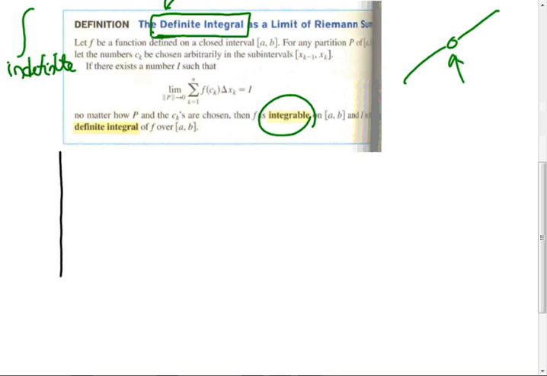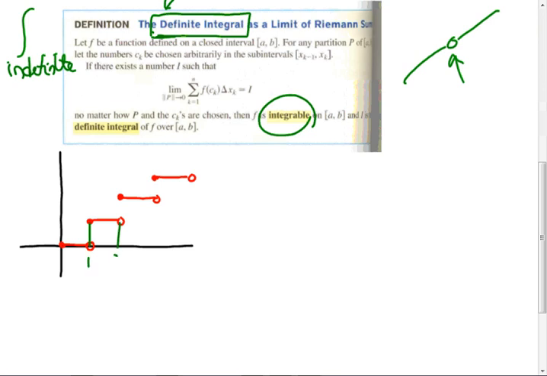You guys have played this game. I'm going to do the greatest integer function. We know this is not continuous at those endpoints, right? But can we find the area under the curve? Oh, you guys play these games. Come on. Yes, you can.